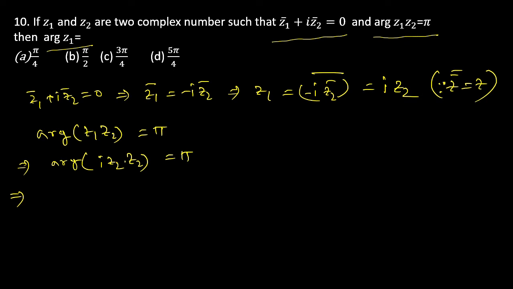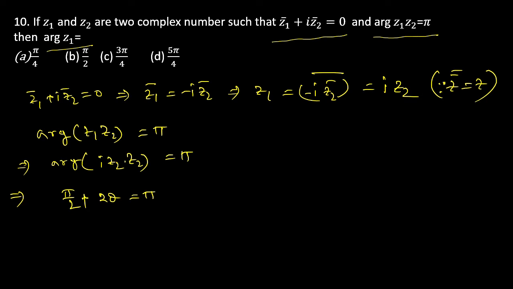Now argument of i z2 square will be argument of i, pi by 2, plus argument of z2. So it will be 2 theta equal to pi.